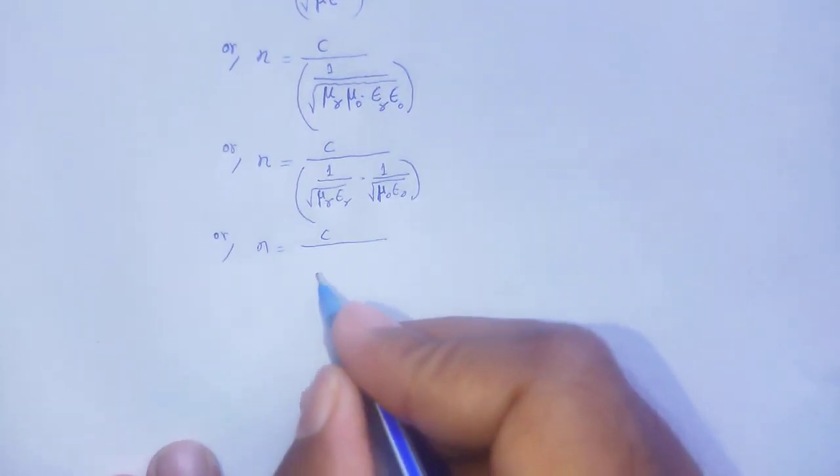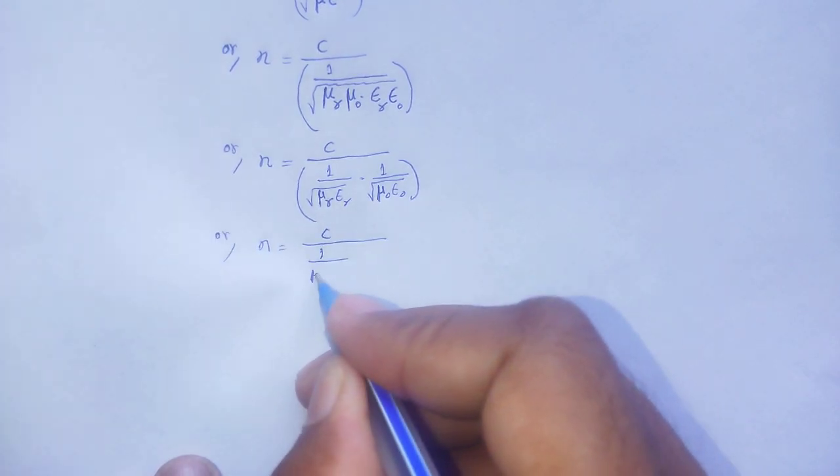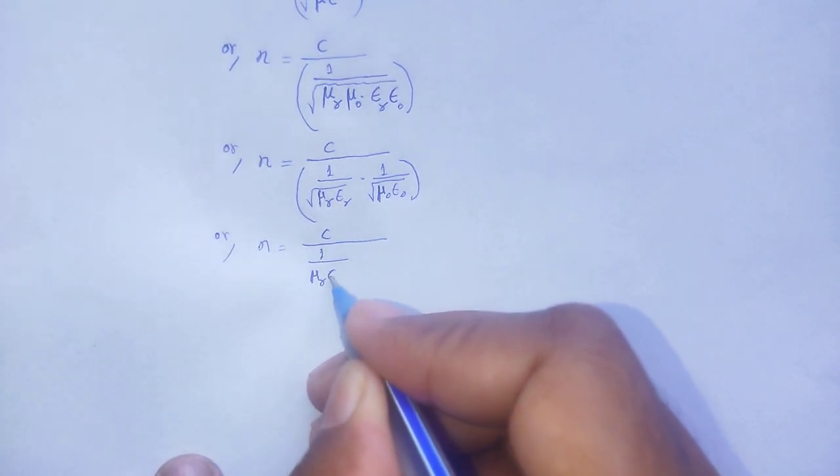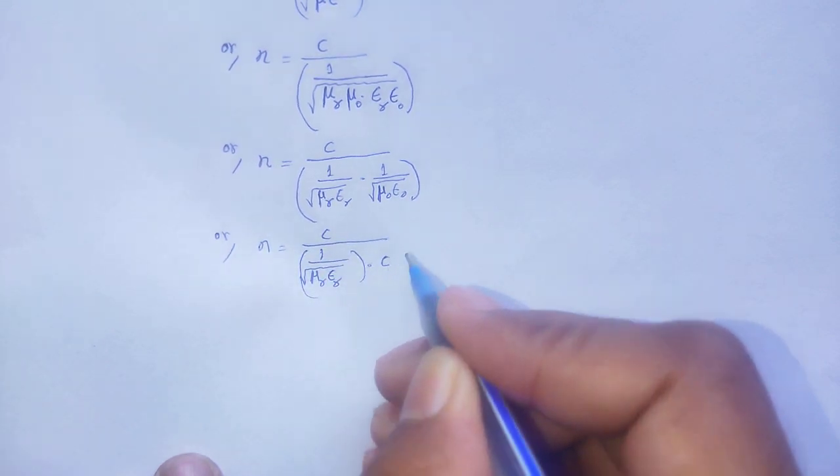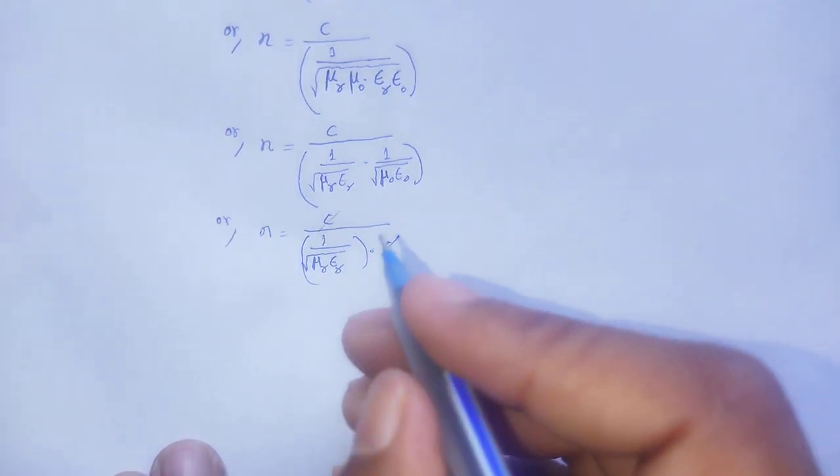See, 1 divided by under root of mu r epsilon r into c, that c cancelled out.